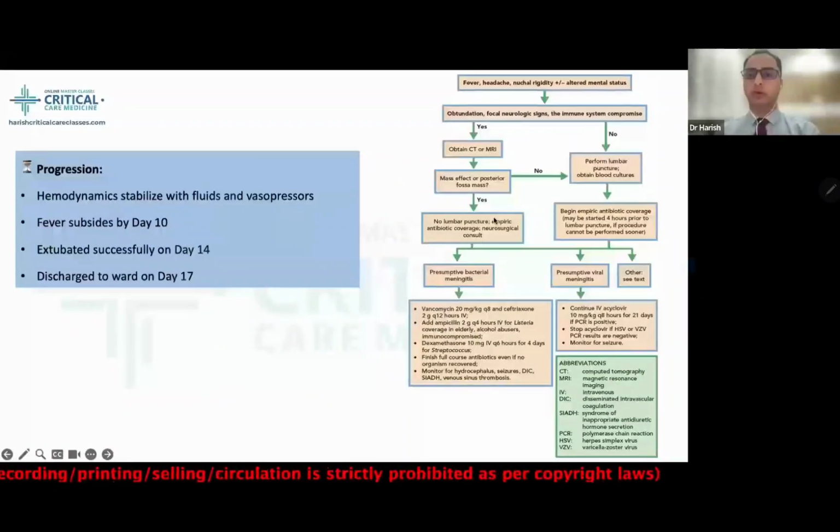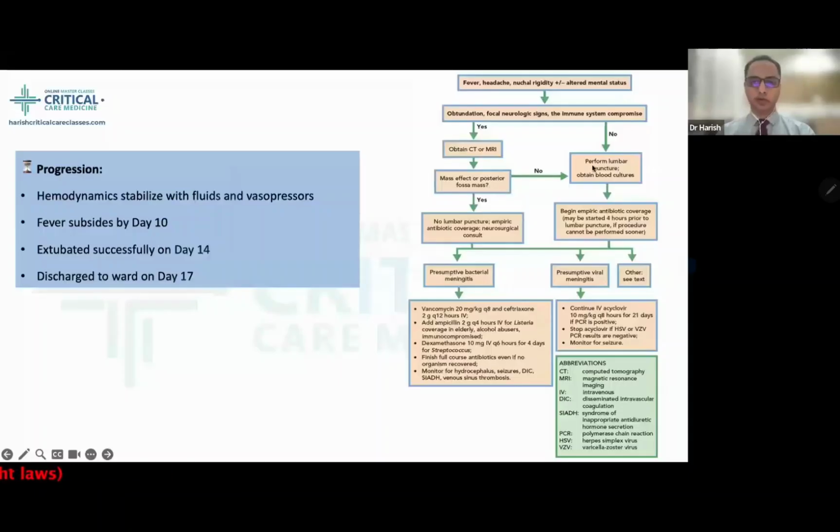Otherwise, we can proceed with the lumbar puncture, then obtain blood culture. If CT shows no mass effect or posterior fossa mass, go for the LP. If there is concern about mass effect or a posterior fossa mass, no lumbar puncture; give empirical antibiotic coverage and consult the neurosurgeon.